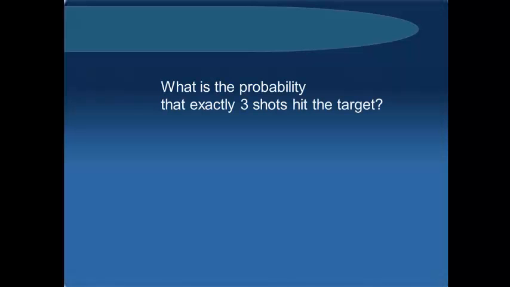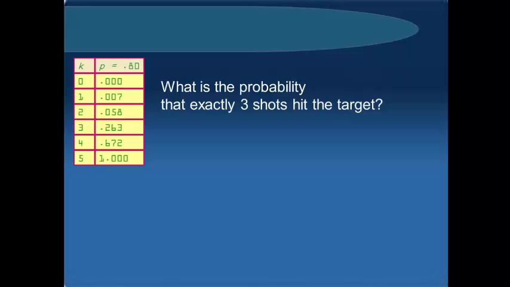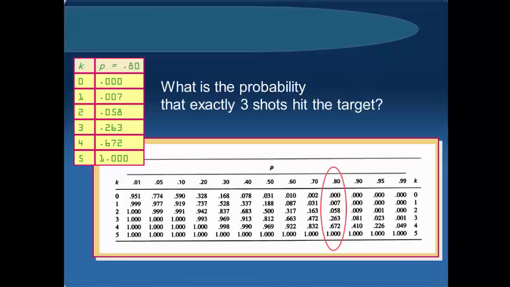Example, what is the probability that exactly 3 shots hit the target? We have this table again for k from 0 to 5, and the probability is equal to 0.8. Now let us locate the 0.80 column. Take note that in each row changes the number of k given the cumulative frequency.